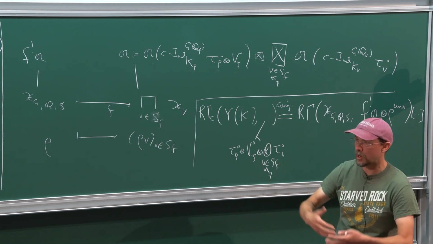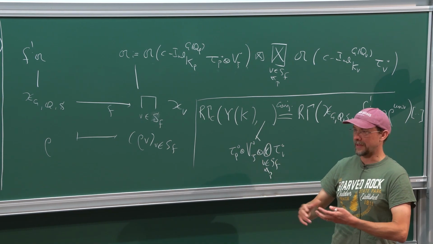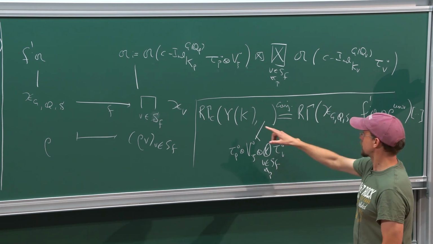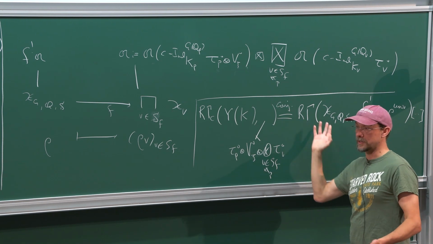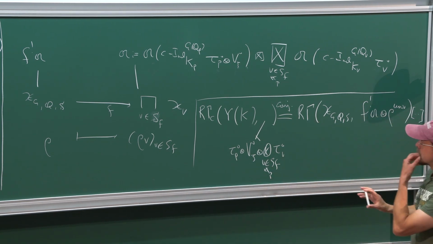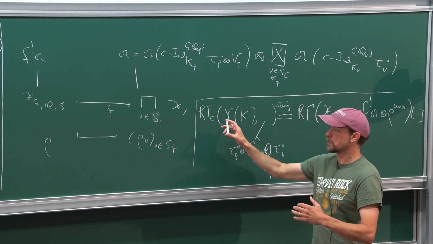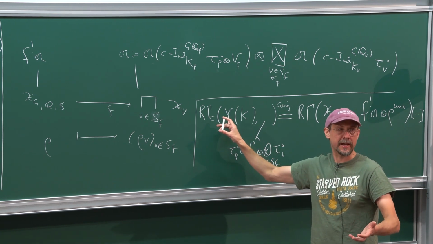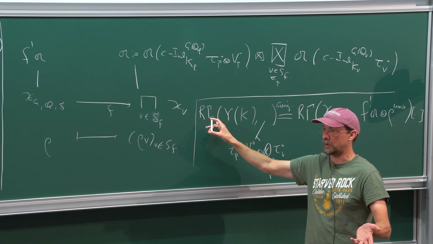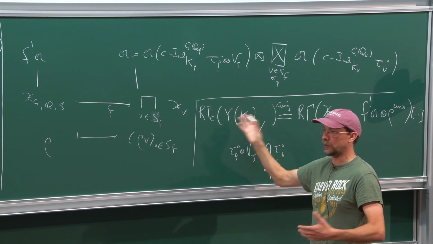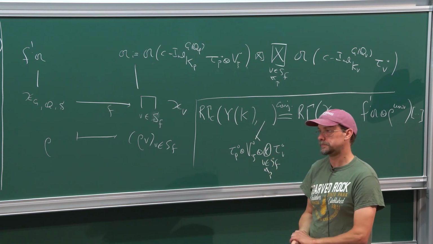But once you have endoscopy and other phenomena, that's not literally true anymore, and so all that kind of information will be encoded in this conjecture. The one thing to say though is that, for example, literally an Arthur multiplicity conjecture would tell you about L2 cohomology of the Shimura variety, and this is about compactly supported cohomology. And I don't know if there's a corresponding L2 version of the conjecture or not.